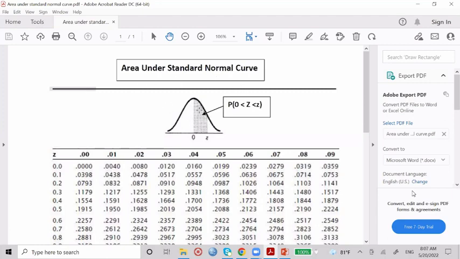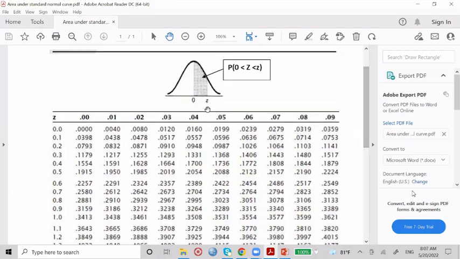When we take this diagram, this is the shaded area. These are the probabilities listed in the table, like the probability between 0 and Z.